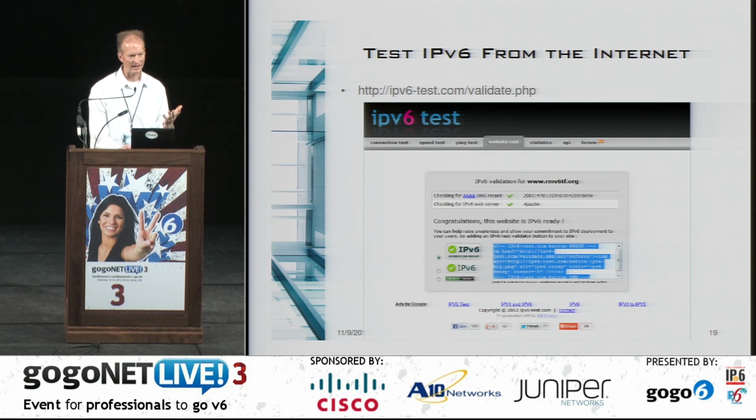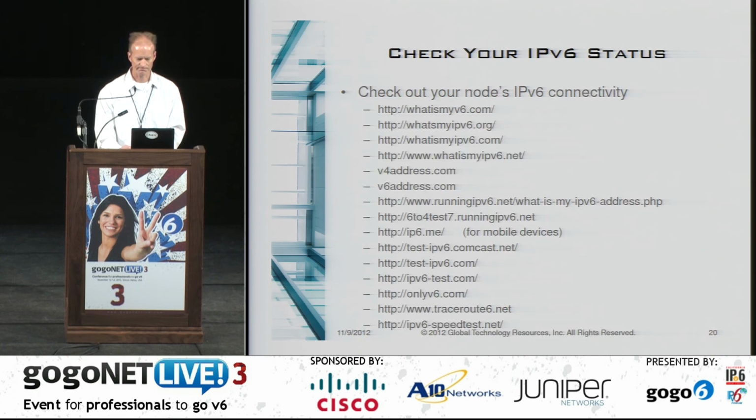I often advocate that if you don't have an external testing point, you should put a server in an IPv6 capable co-location facility, like a Hurricane Electric facility. Give yourself a point of testing that has solid IPv6 connectivity that you can test from, and that would give you that external perspective.